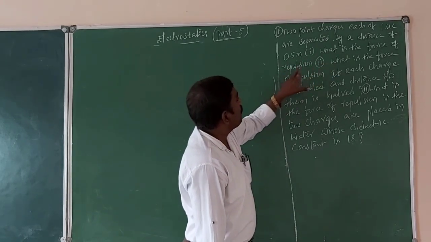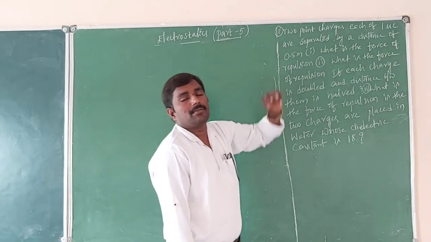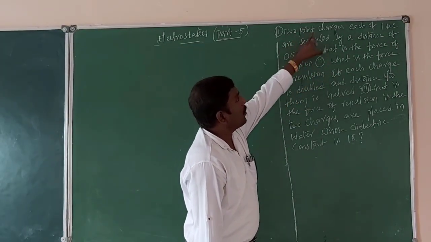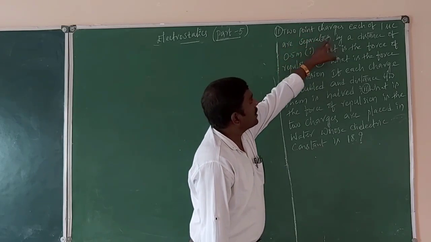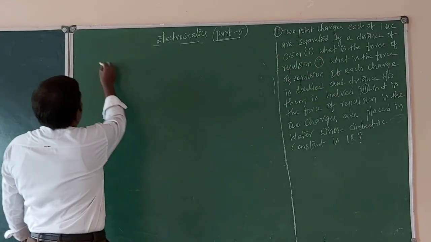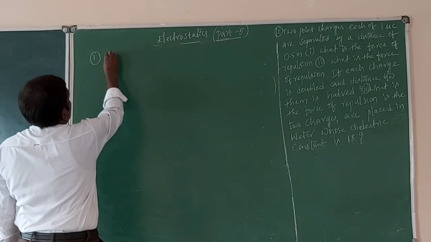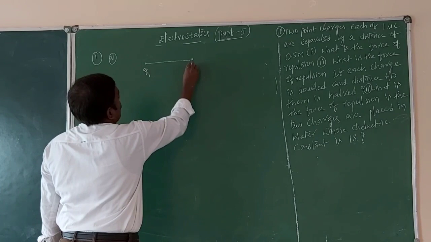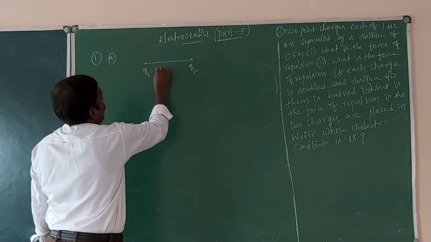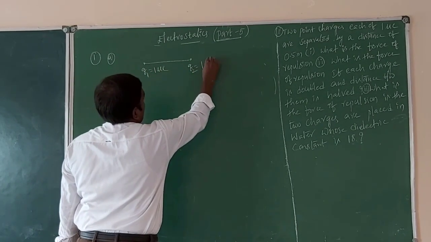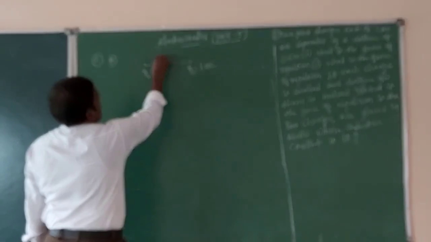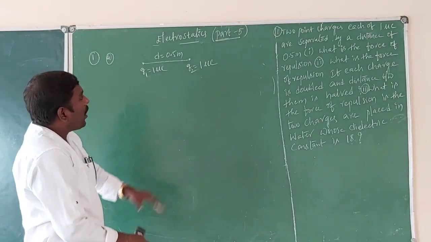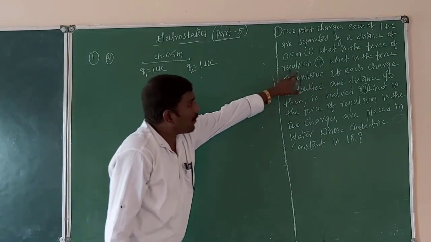What is the force of repulsion? Q1, Q2, each is 1 microcoulomb, separated by distance d equal to 0.5 meter. Calculate the force.